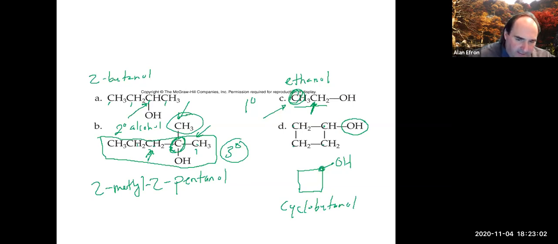And kind of like the other one there, that is our carbon that's attached to our OH group, attached to one and two other carbons, giving us a secondary alcohol in this particular case. Any questions on any of those reactions there, or those names?